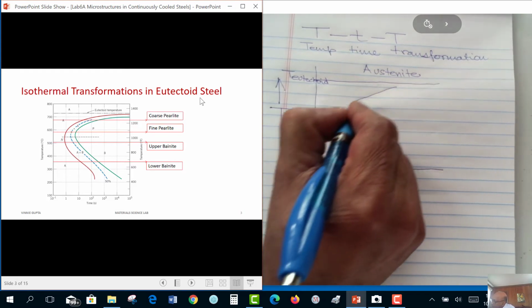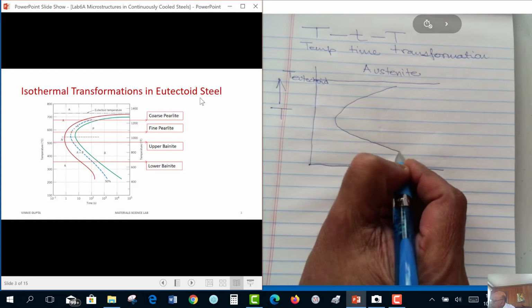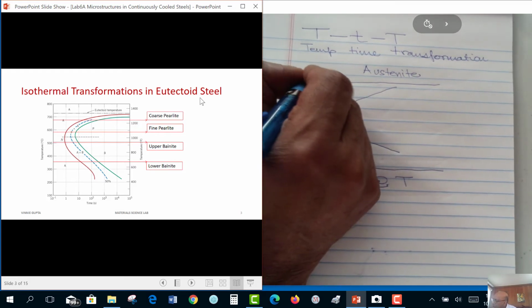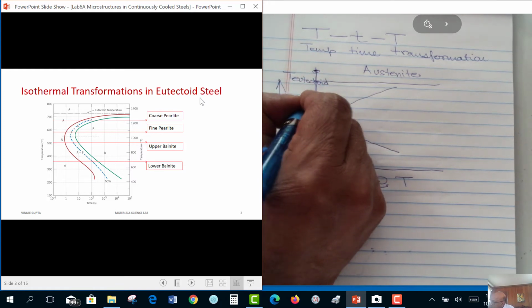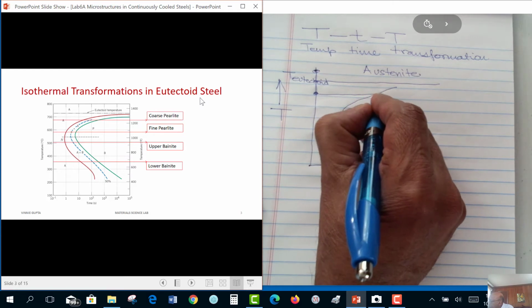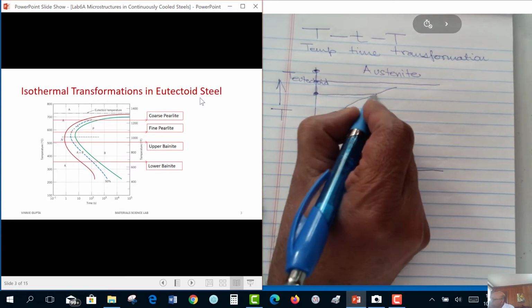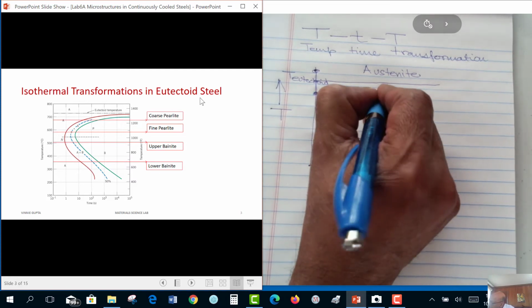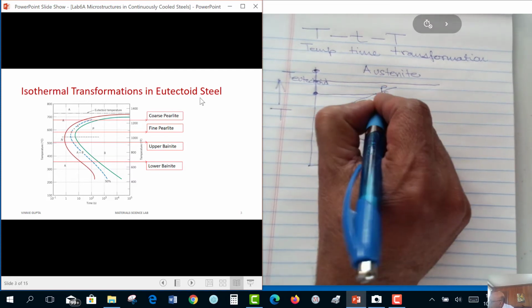So what we do is think of it as if we have a C-shaped curve. So we start with austenite and we cool it below the eutectoid temperature and we hold it there. So what happens is nothing happens up to a certain period of time, and then pearlite begins to form.